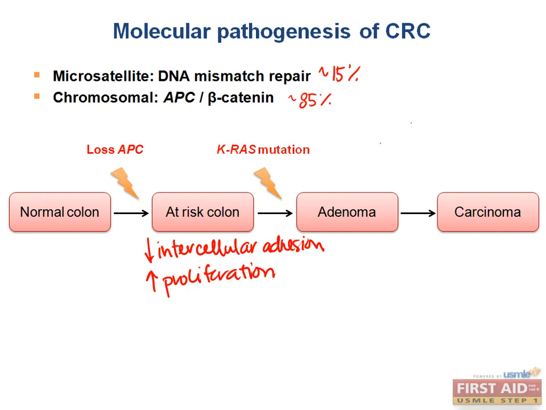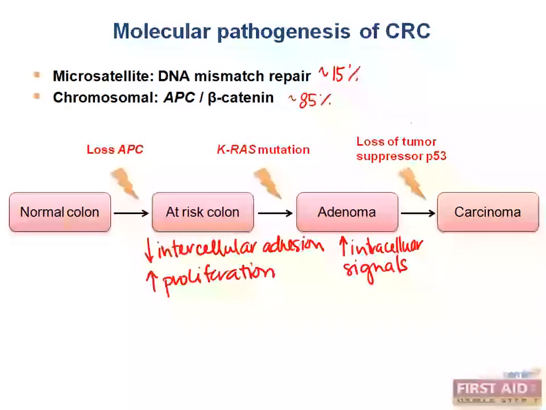Then, if there's a mutation in KRAS, intracellular signal transduction becomes upregulated. This is the point where adenomas form and can be discovered by screening. After APC and KRAS are mutated, the last step is loss of p53. At this point, there is increased tumorigenesis and formation of true carcinoma.